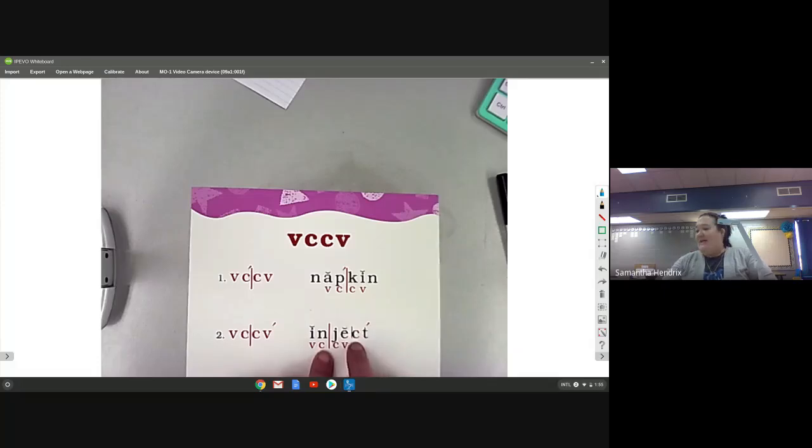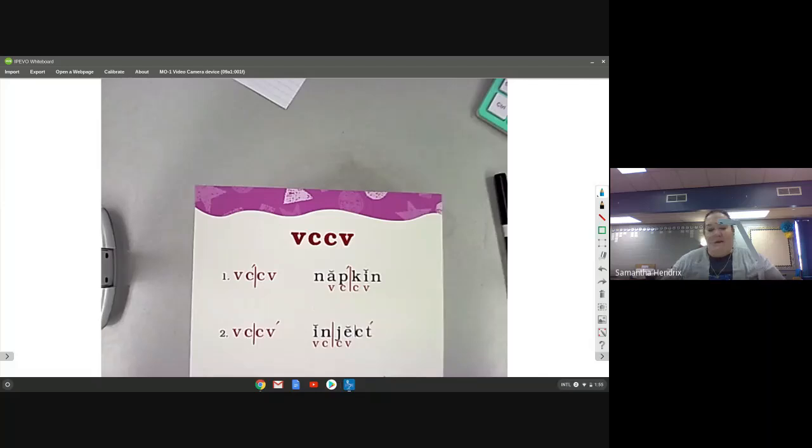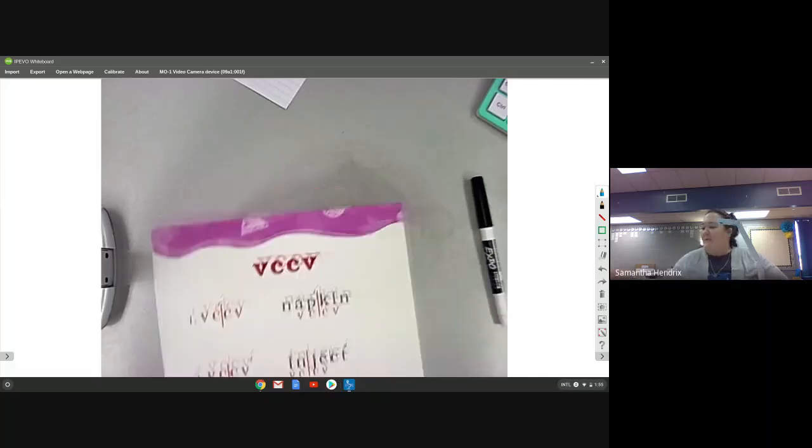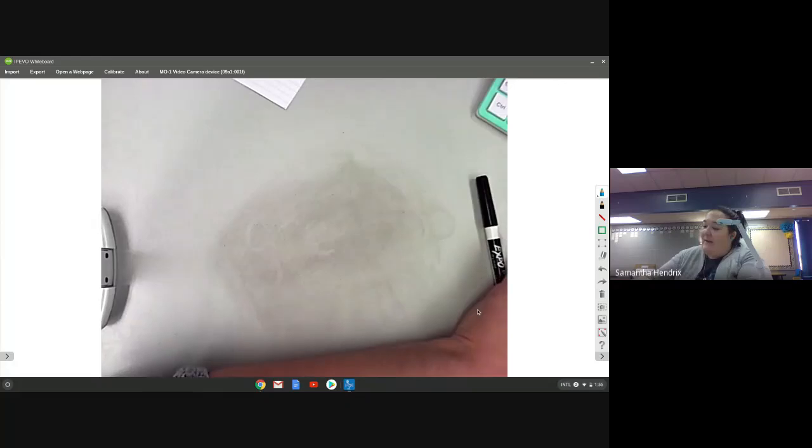And we know it's the K sound because it's a C followed by a consonant. That was the rule we worked with yesterday. And here is our accent mark. So this word is inject. I know it's a lot, but it's okay. Making us better readers and better spellers.